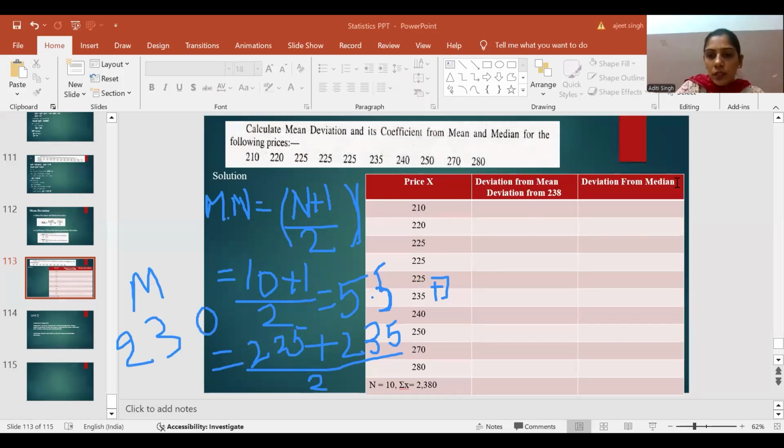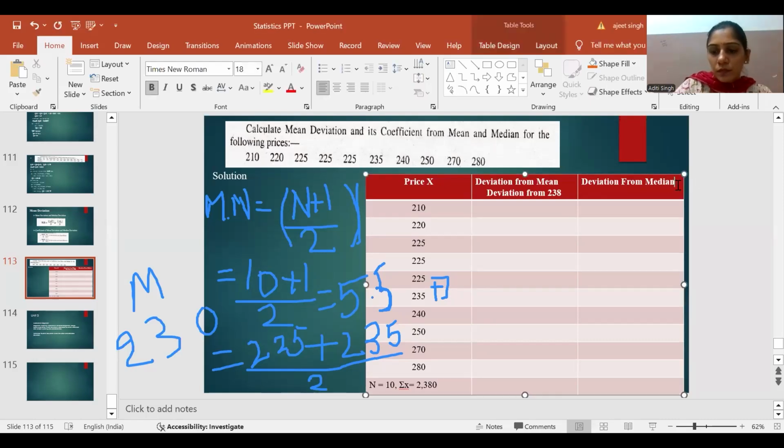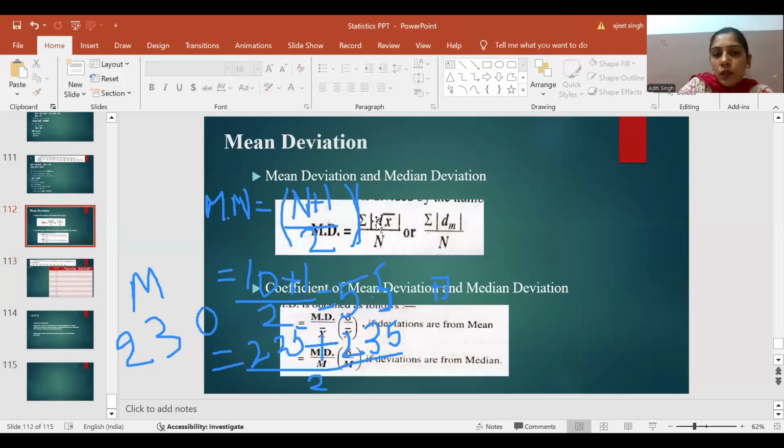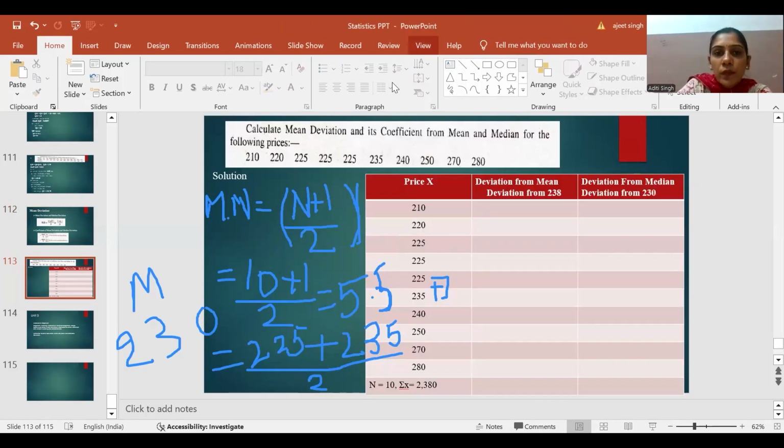So here we have deviation from 230. Okay, so now we will calculate the value of deviation from this mean and from this median. When we calculate the deviation from mean and median, we put these values in the formula.